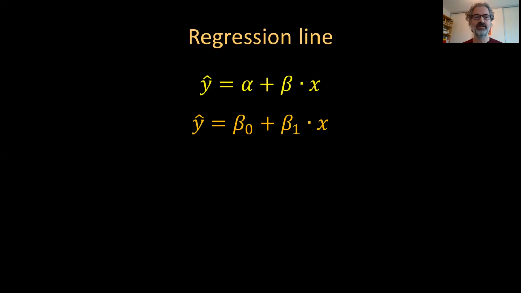And this is the formula of the regression line. This represents the line of prediction that we just showed. Sometimes there are different symbols used, such that instead of alpha here, we see beta 0, and instead of beta, we see beta 1. This is possible to see in some textbooks.